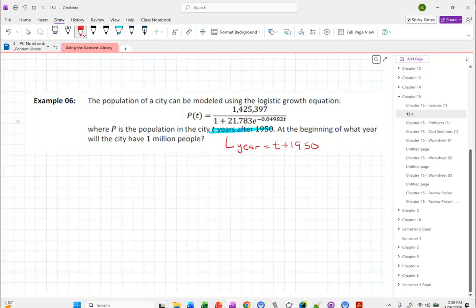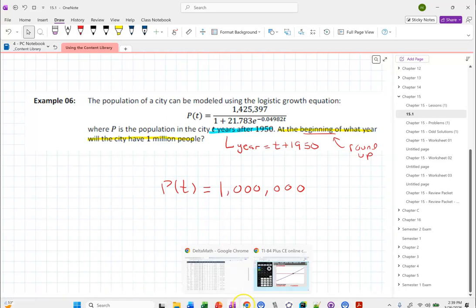So the year in question is going to be t plus 1950, right? So whatever we solve here. And then the question asks us, at the beginning of what year? So that means round up, no matter what, will the city have population 1 million people? So that's the equation that I'm going to be solving.